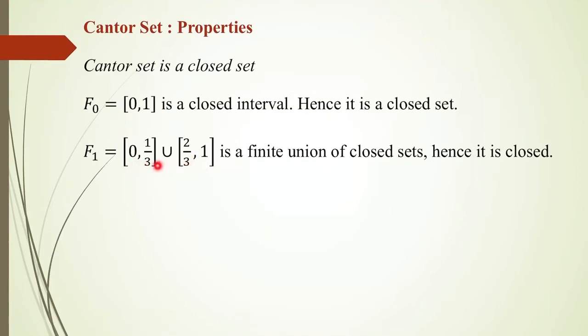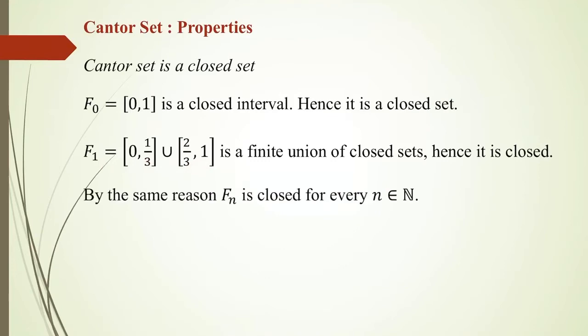Both of these closed intervals are closed sets, and this is a finite union of closed sets. Therefore it is closed, because we have studied the properties of closed sets: the union of finitely many closed sets is again a closed set. So here we have a union of two closed sets, therefore F1 is closed.